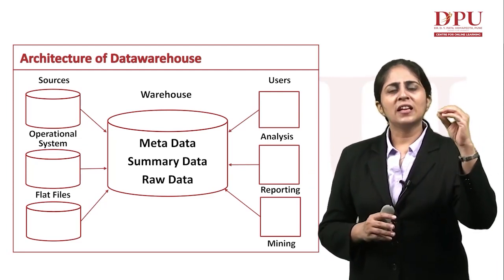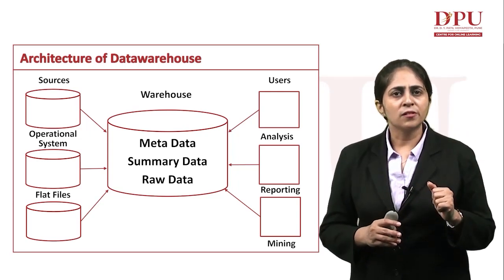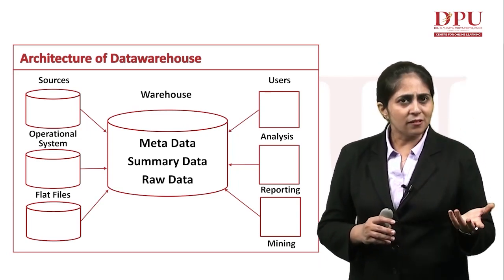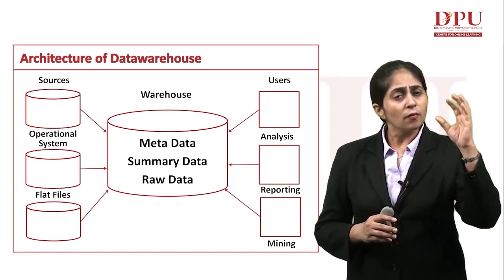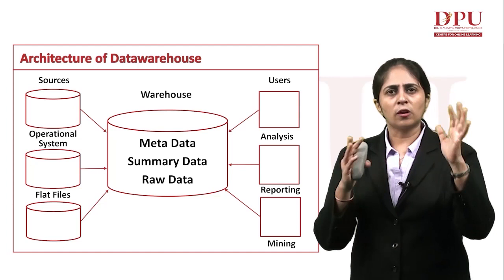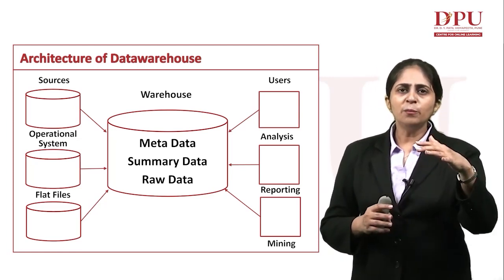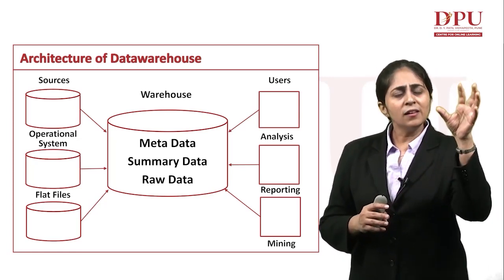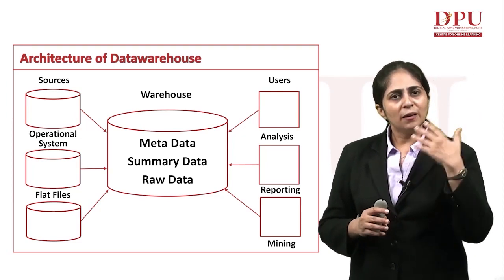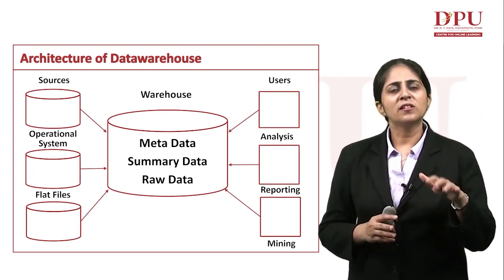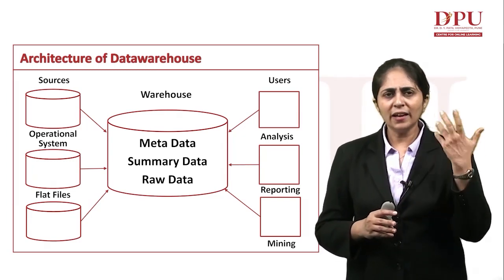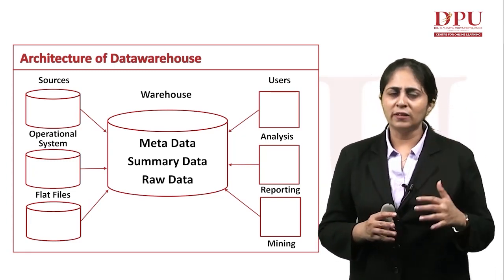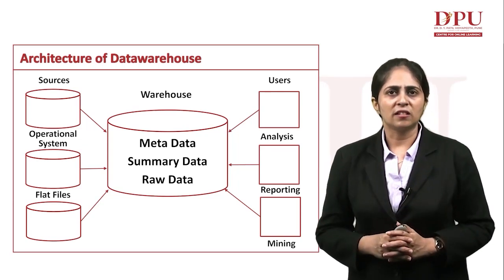Those sources can be the operational systems, or simple flat files which store the daily transactions. So the input it will take is from the sources, which can be the operational system, the flat files, some spreadsheets, or any sort of files which hold the daily operations data.